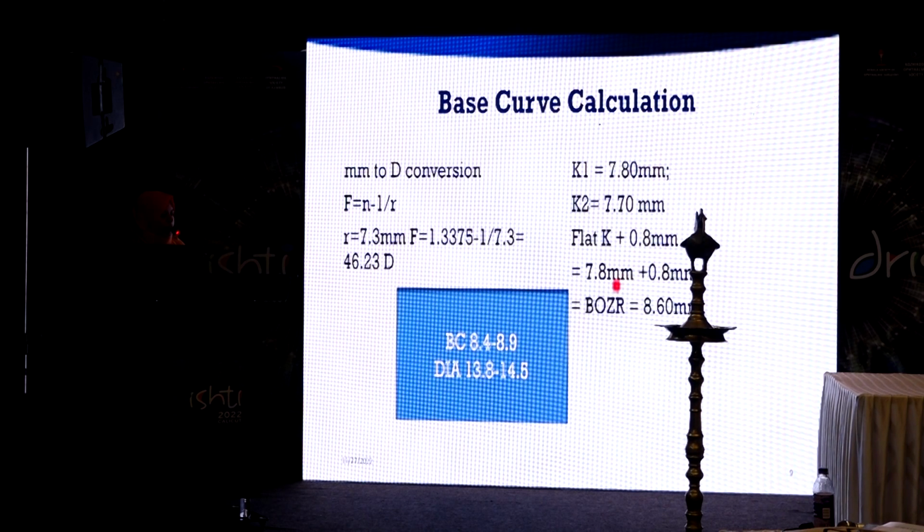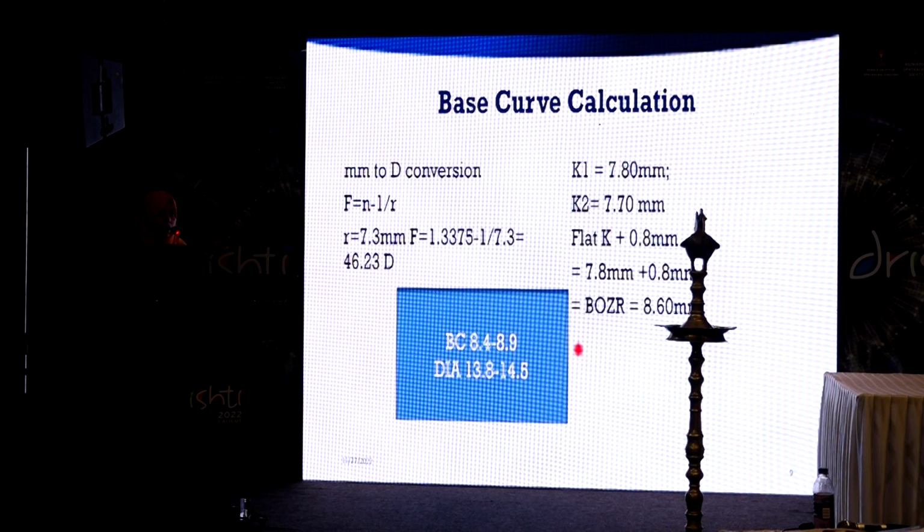First we have to find the flat K. To that flat K we add 0.8, which ranges from 0.6 to 1. So flat K plus 0.8 gives a base curve of 8.6. The base curve generally ranges from 8.4 to 8.9, and the diameter from 13.8 to 14.5.